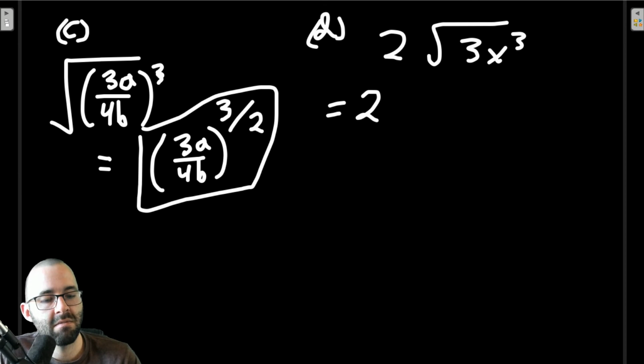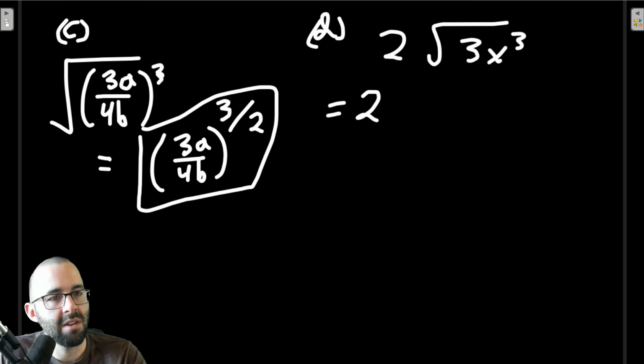Just write it down again. But now you have 2 problems here, right? Look at the inside. Both of these things are getting square rooted. So both of them have an exponent of 1/2. But only the x cubed has that cubed. So you can't write 3x to the 3/2 because the 3 doesn't have the cube.